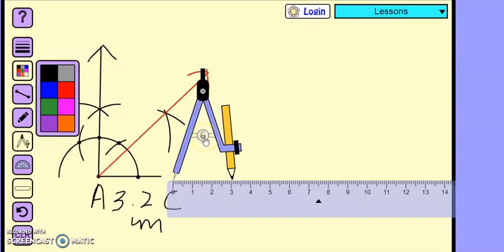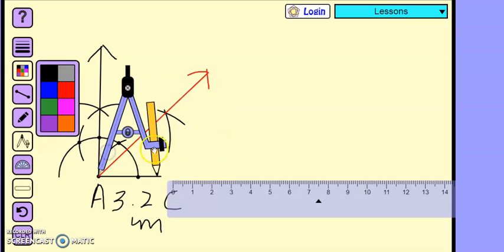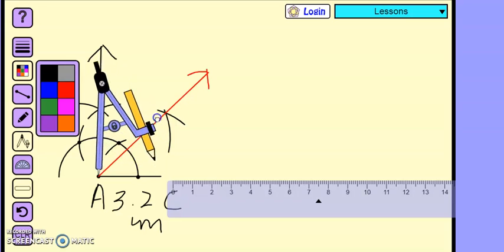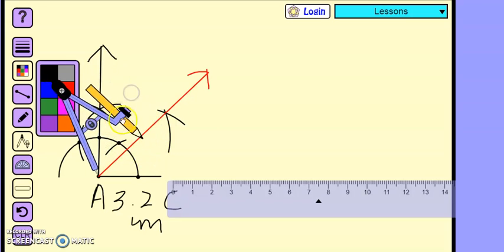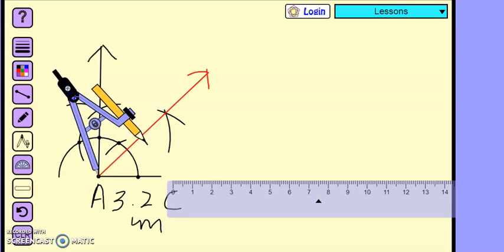This is how you will open your compass, and now you will draw another arc at angle 45 degree, this one.